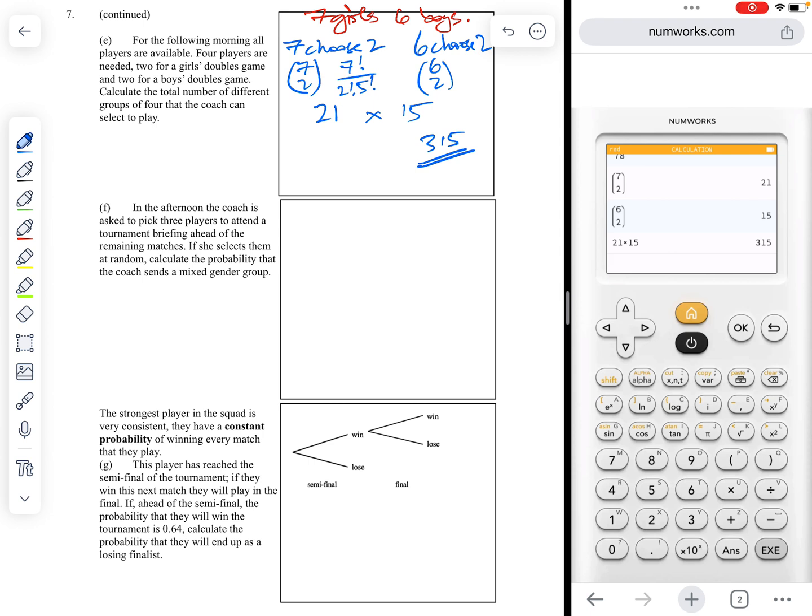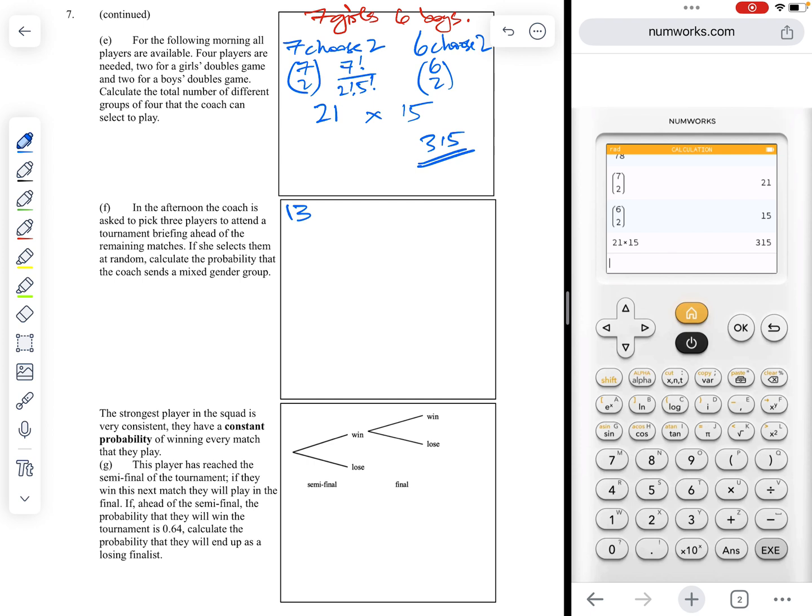F. In the afternoon, the coach is asked to pick 3 players to attend a tournament briefing ahead of the remaining matches. If she selects them at random, calculate the probability that the coach sends a mixed gender group. So forget about the final idea. Let's just see how many different groups of 3 she could pick.